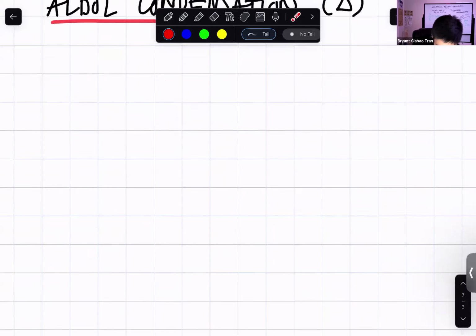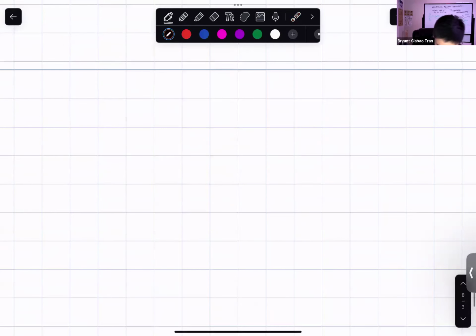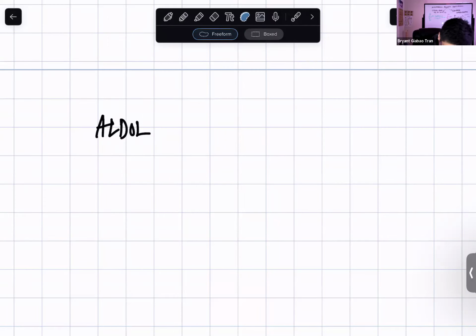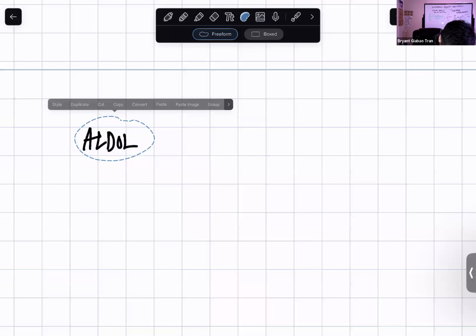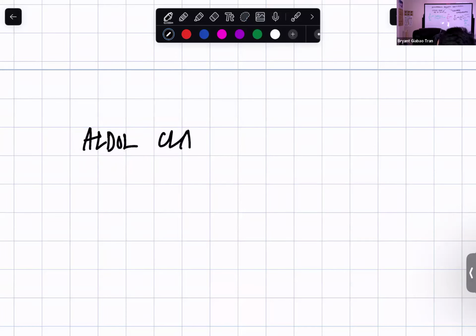Okay, so there are going to be different reactions here. Aldol, and I'm going to separate that into aldol addition and condensation. I'll split that later in this table. There's Claisen. There's Michael.